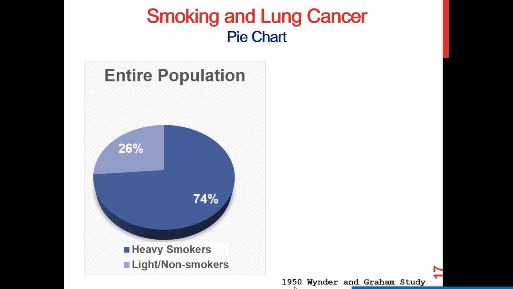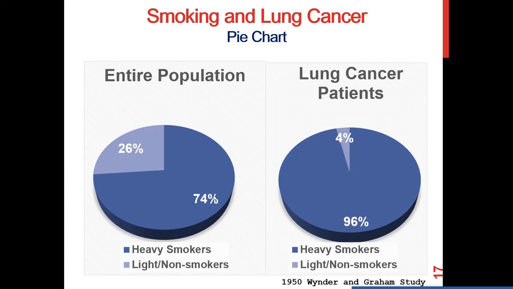This data set divides the entire population into two parts: heavy smokers, and light or non-smokers. You can see that 74% are heavy smokers. As I said, in those days smoking was considered cool, so smoking was more common, and 26% are light or non-smokers. Now let us see another graph.